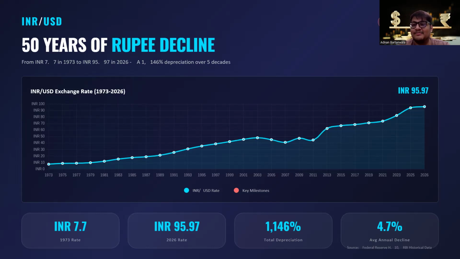And that is exactly why our Prime Minister was saying, please don't buy gold. I'm just trying to interlink the things. More demand for dollars will automatically make the dollar costlier and the rupee weaker. And that's the entire game in one sentence. So the rupee is not really falling, the dollar is getting heavier because the whole world wants it, and the dollar is the most wanted currency in the whole world.